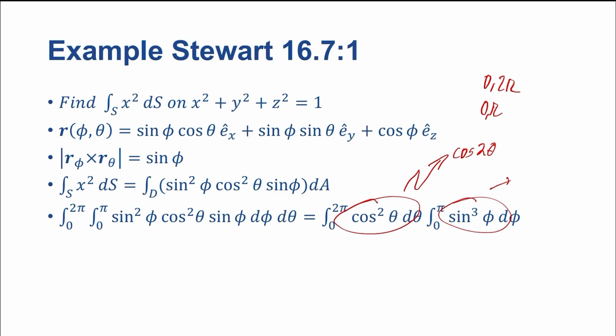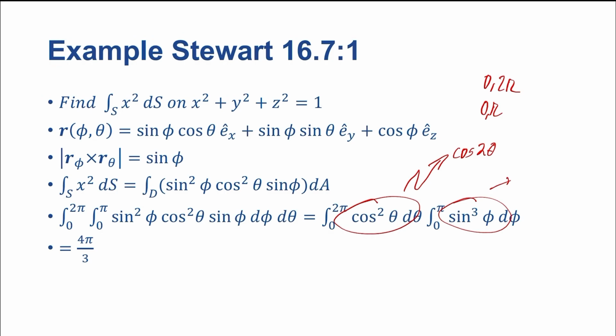You can turn this into 1 minus cosine squared of phi times sine of phi. Then you're in a perfect position to do a mental u-substitution if you need to. Anyways, the short of it is that you get 4 pi over 3. I explained that in a bit of a long way, but you get 4 pi over 3.